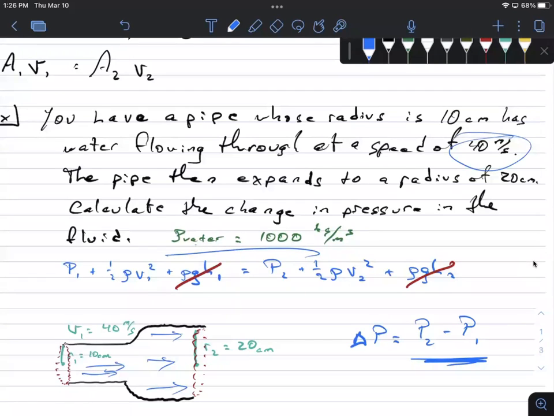You have a pipe whose radius is 10 centimeters, has water flowing through it at a speed of 40 meters per second. The water flows for 5 meters, at which point the pipe expands to a new radius of 20 centimeters. Then the water flows for another 20 meters from there.